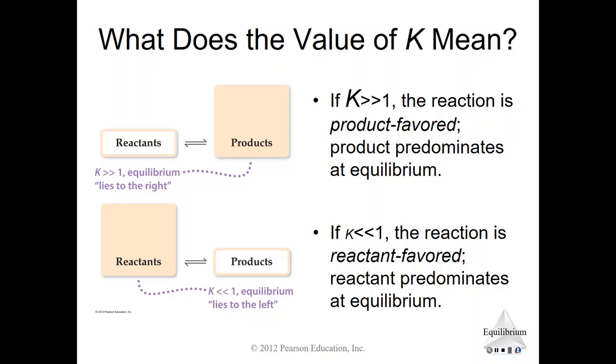The forward reaction is going to be more spontaneous and more favorable than the reverse reaction, and that's the direction in which it will proceed. If K is way less than 1, super small, maybe anything smaller than 10 to the negative 4, it favors the reactants. So the reaction will proceed to the left more favorably than not.